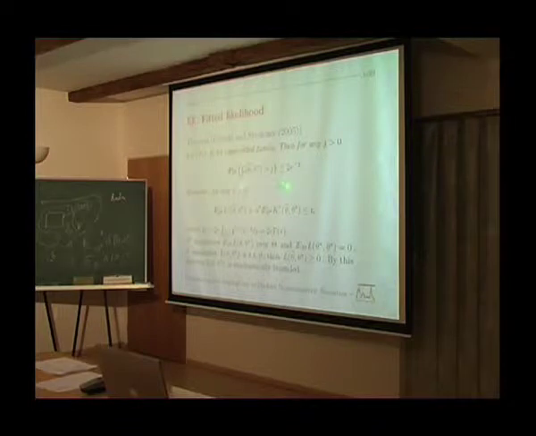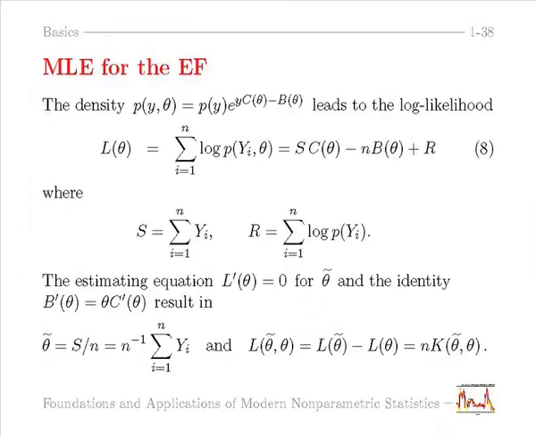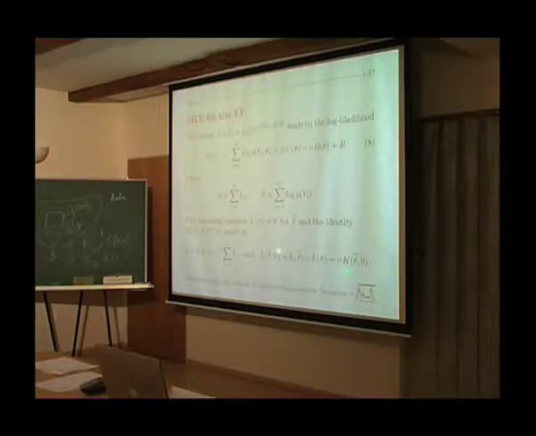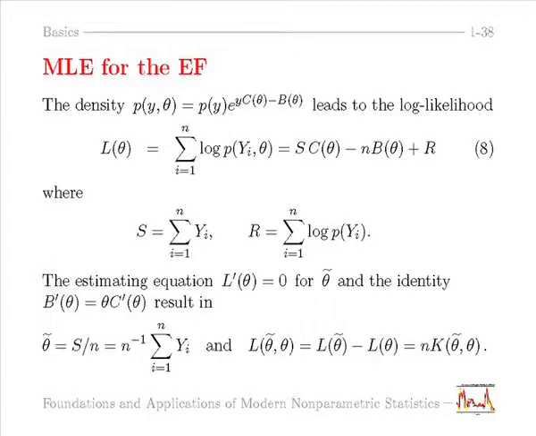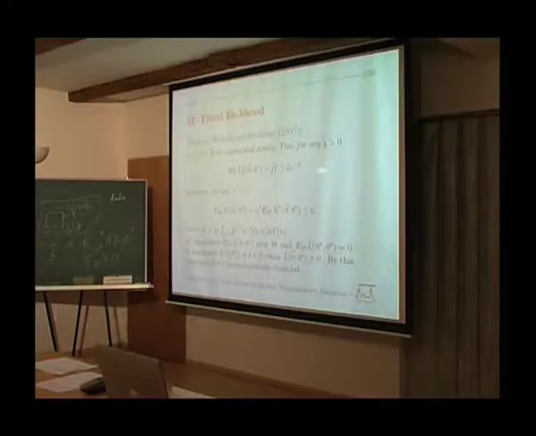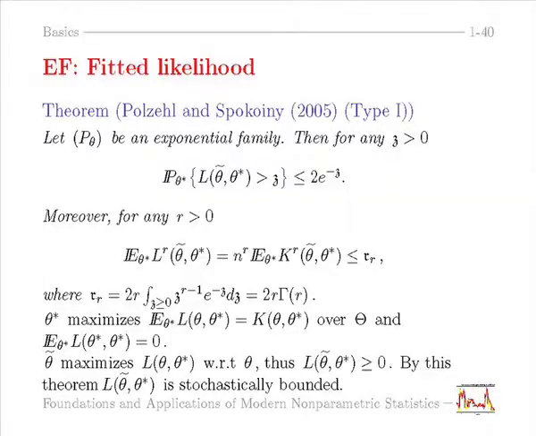So in this L, I recall, you have n hidden. Look here, this fitted likelihood is n times something. But in the right-hand side, you don't have n.